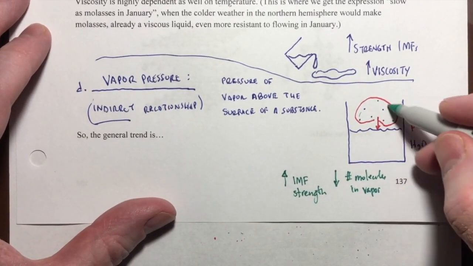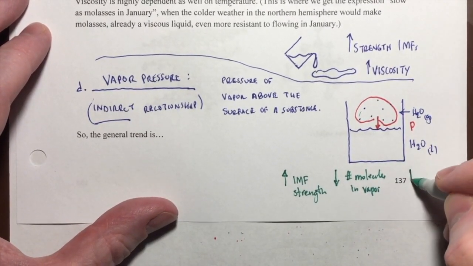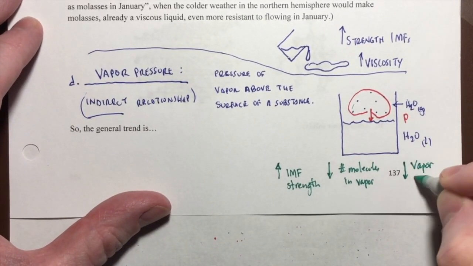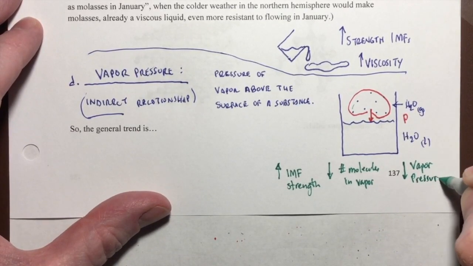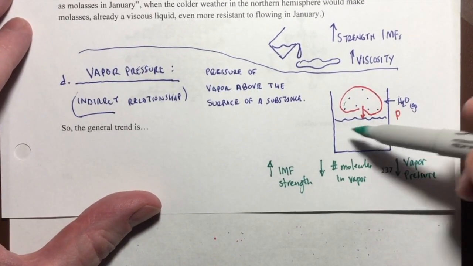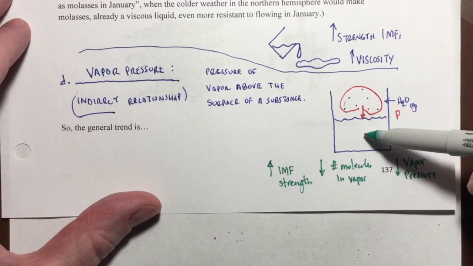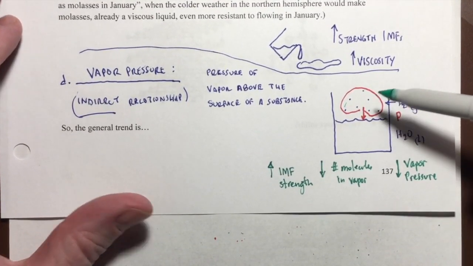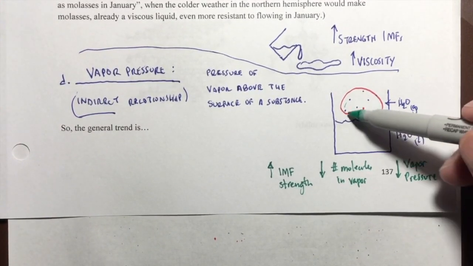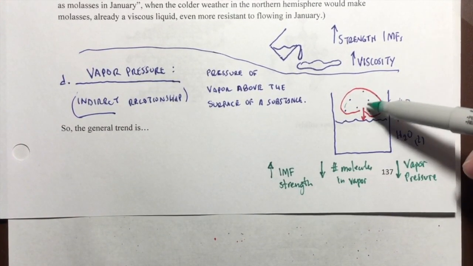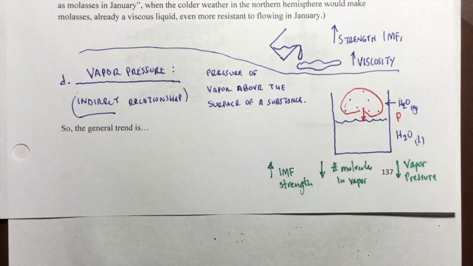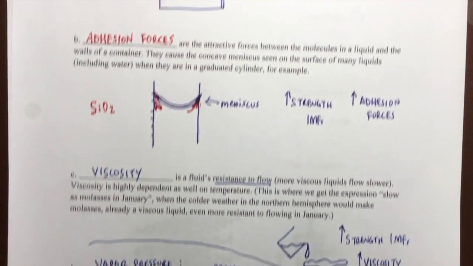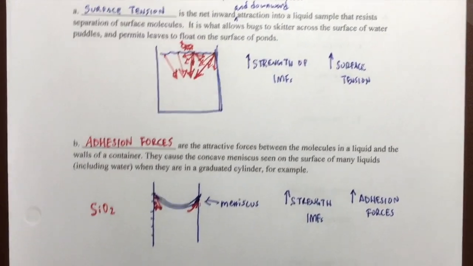And because we have fewer molecules in the vapor, therefore, we have a lower vapor pressure. So the stronger the IMFs in the substance, the lower the vapor pressure. The less pressure is exerted from the vapor above that surface. Okay, those are the types of properties of liquids that are affected by the intermolecular force strength.